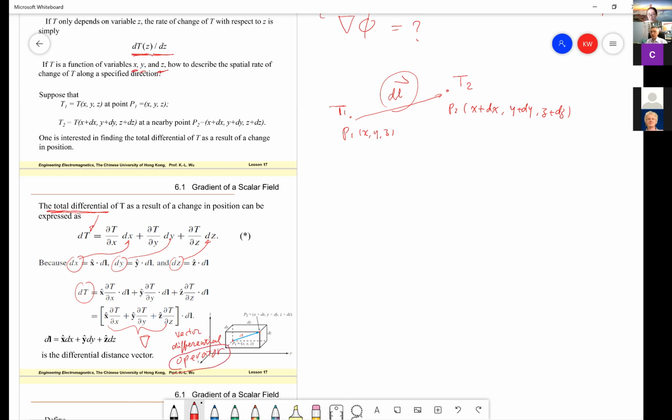This is an operator, which means it can act on any scalar field or vector field function, depending on whether you take a divergence, curl, or gradient. So this is basically a two vector dot product: dl is a vector, delta is a vector. I can write it in this way.